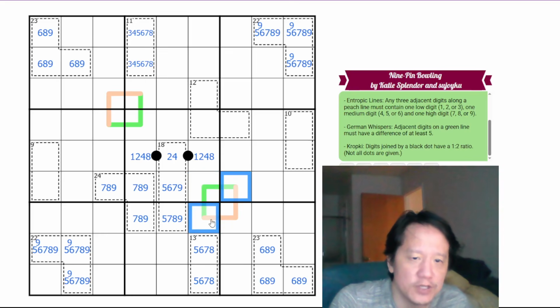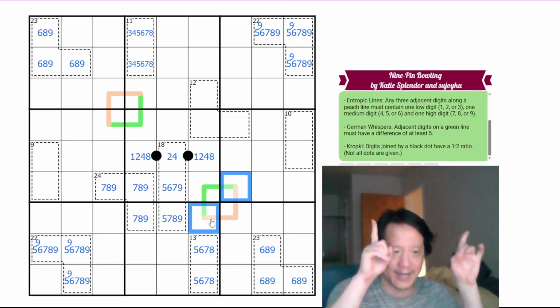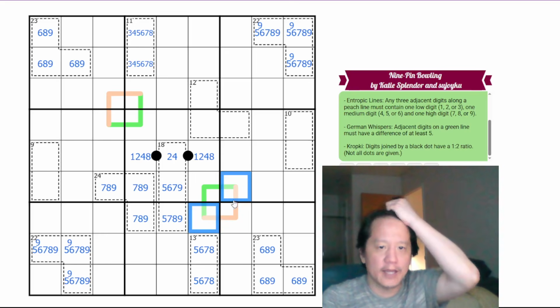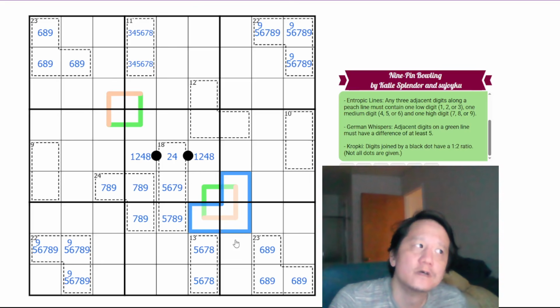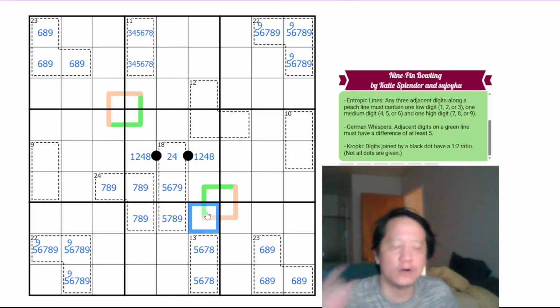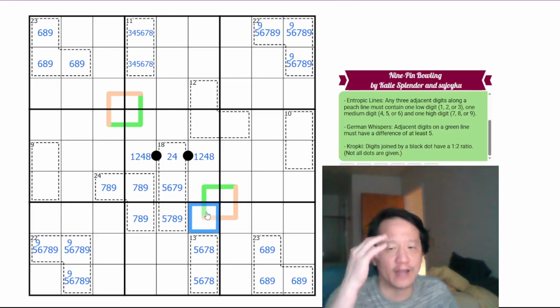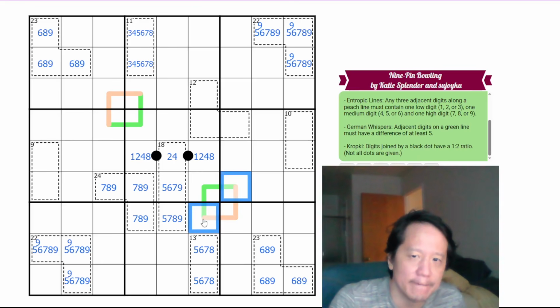So we know these two sets have to be either both low or both high. And since this is an entropic set, we know that these digits cannot be all low or all high, or extra low or extra high, right? Cannot be 1, 2, 3 with another 1, 2, 3. So one of these has to be a medium.